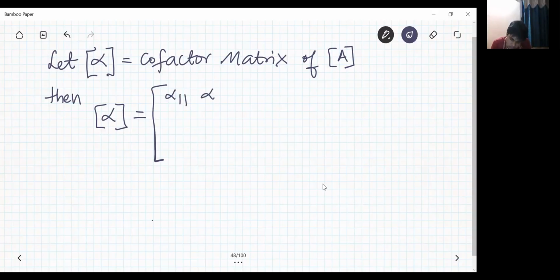What is the formula for alpha 2 1? Alpha 2 1 is equal to minus 1 to the power of 2 plus 1, right, sir? That is an odd number, so a negative sign comes.